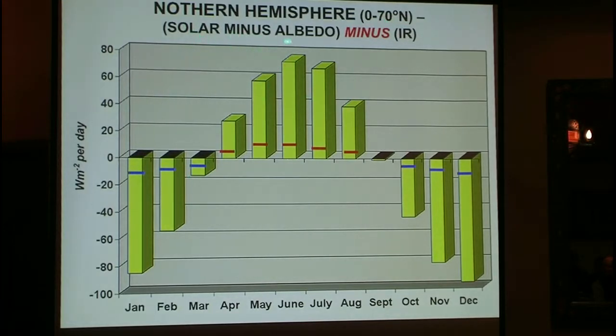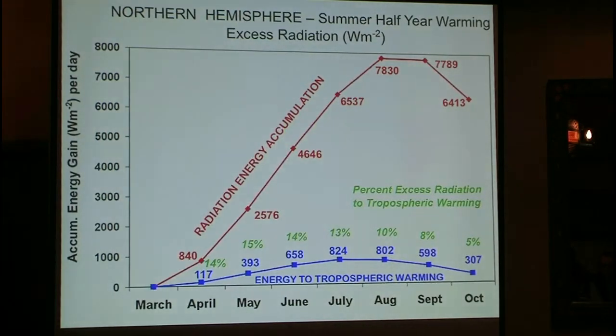Take the solar minus albedo minus the IR to space, and in the summer, you get tremendous excess radiation over the northern hemisphere, 40, 50 watts per square meter. How much does that warm? Very little. The troposphere in the northern hemisphere at most warms 10% of that or so. Where does all that excess energy go? Into the ocean.